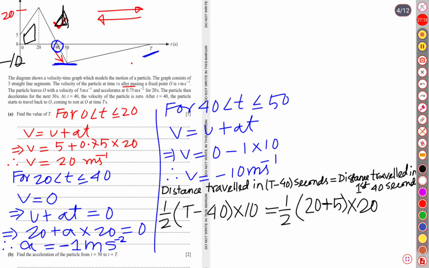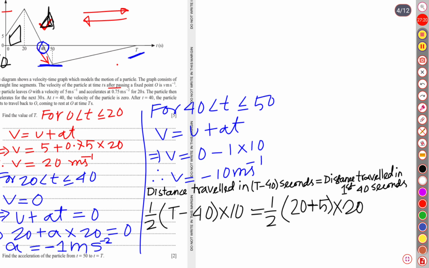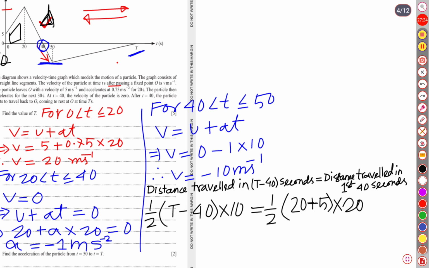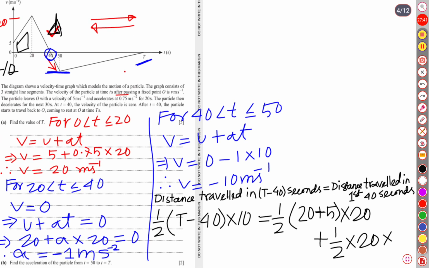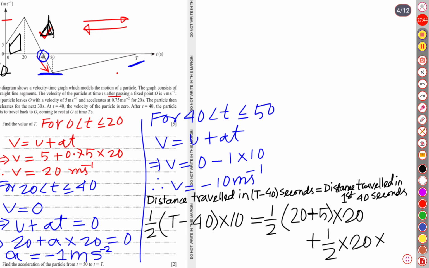So for the triangle, the formula is plus half of base. The base is 20 to 40, that means 20, and the height has already been obtained, the height was also 20. So let us write 20, 20. If we calculate this, this is going to be 5.